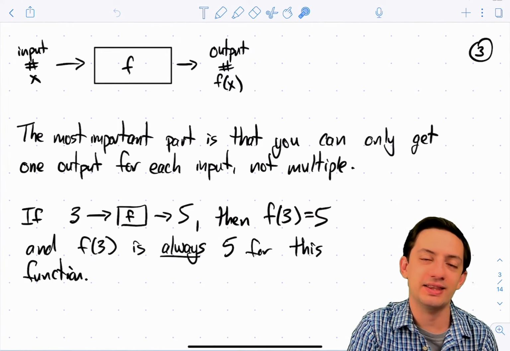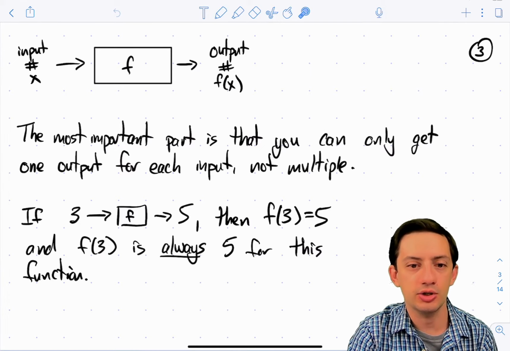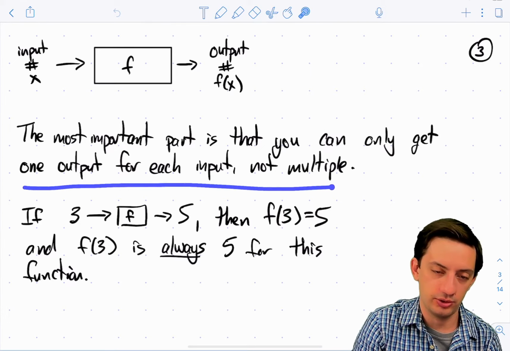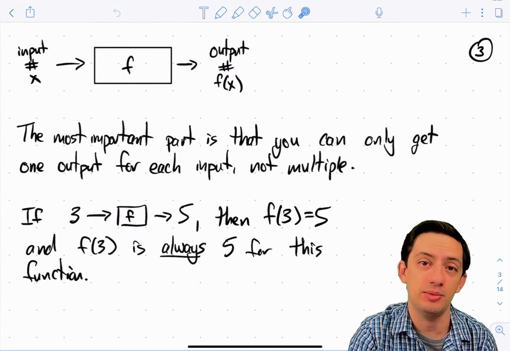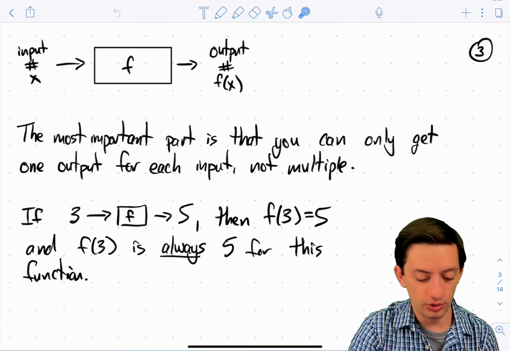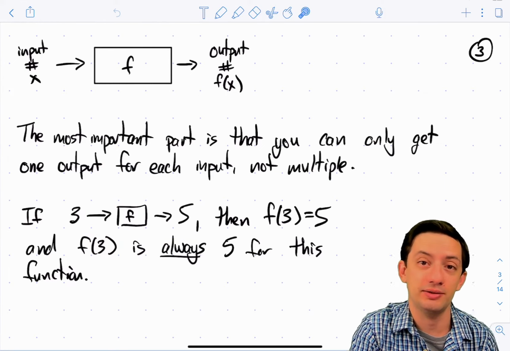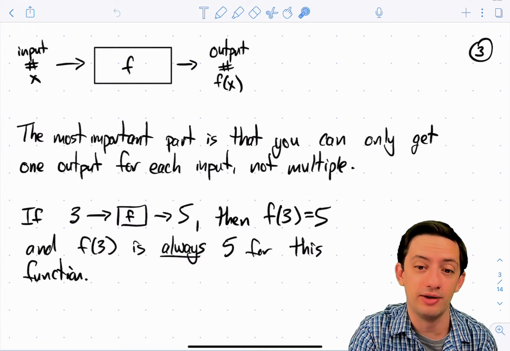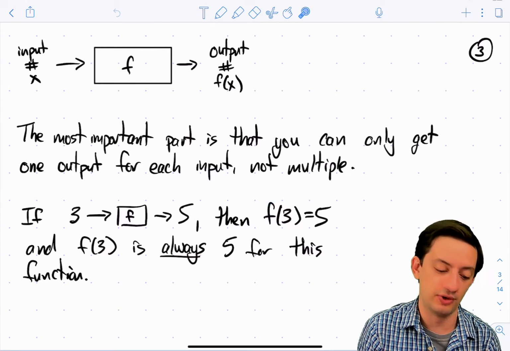The really key thing that makes a function is that you can only get one output for each input. You can't get two different outputs for the same input. It always has to be the same. So if you've got your function, your black box here, and you put in 3, that's your input, and you get output 5, then one way that we write this is f of 3 equals 5.